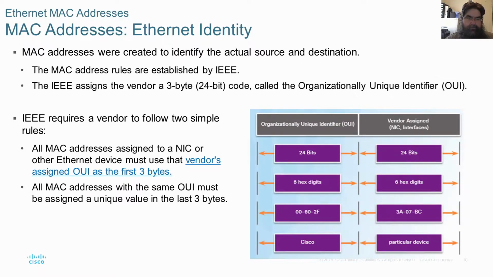Now the vendor code is assigned by the IEEE, and the vendor uses the last 24 bits to stamp their cards as they are produced.